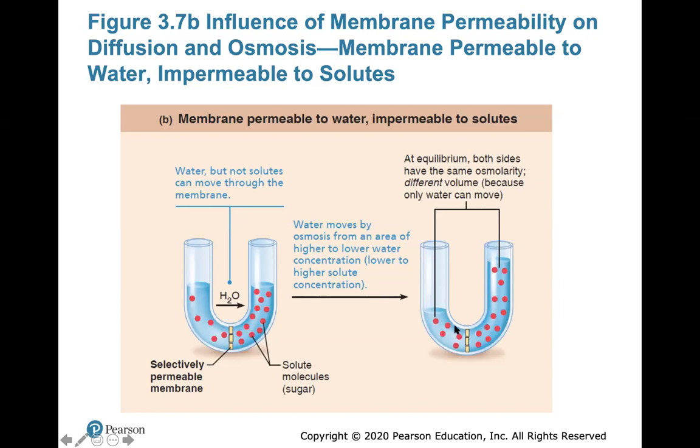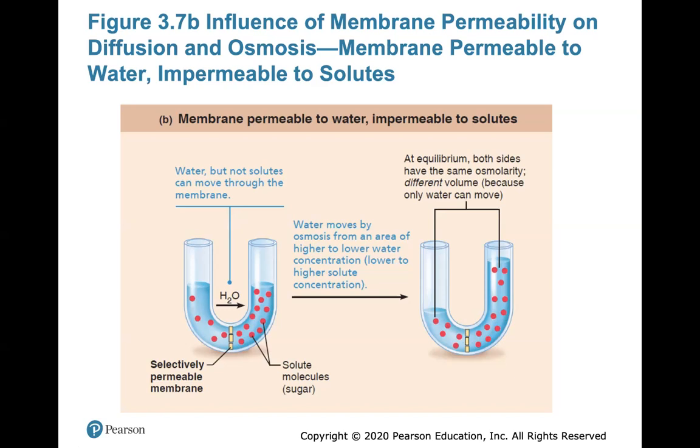So we get to equilibrium because at equilibrium we have the same osmolarity, because water moved into an area of higher concentration, but we have different volumes of water on both sides of the beaker. That's because we need more water on the right side to spread out the more solute molecules to get the concentration to be equal.